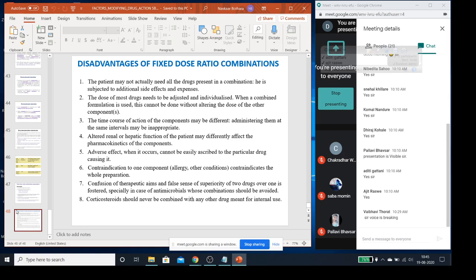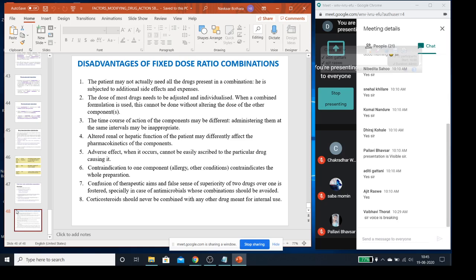But if the combination is available as 60-30 or 40-30, then we do not have the liberty to use the dose which we desire. Whatever fixed dose is available, that dose has to be used, and that is the problem occurring in fixed dose combinations.